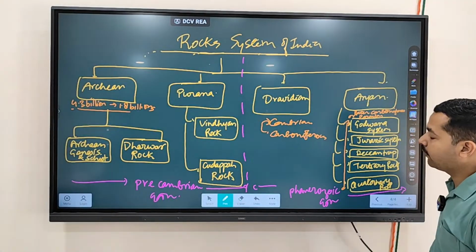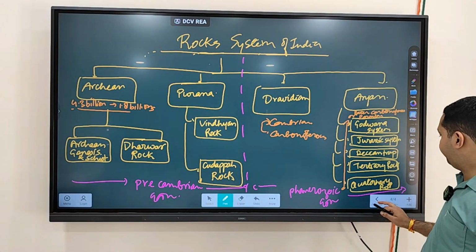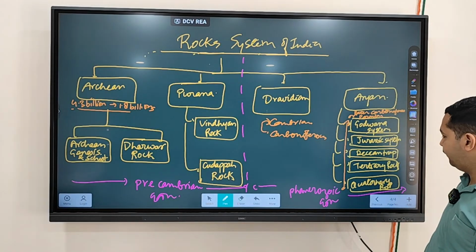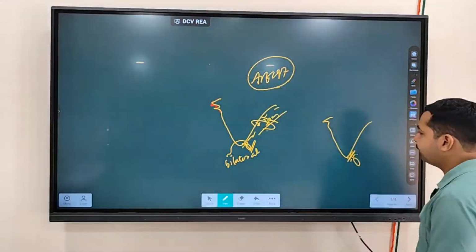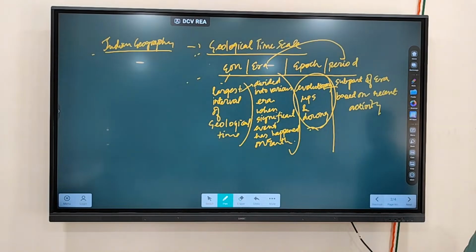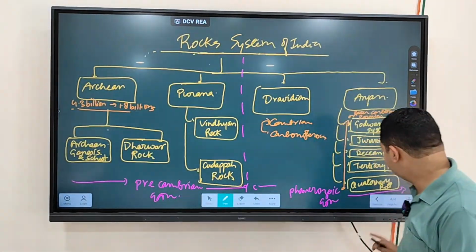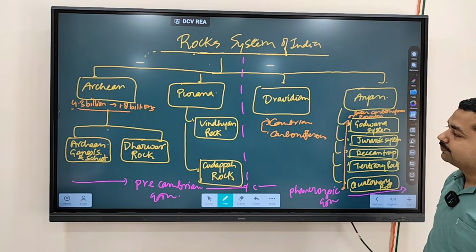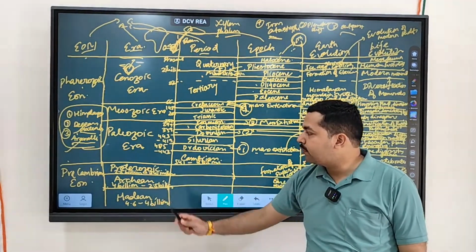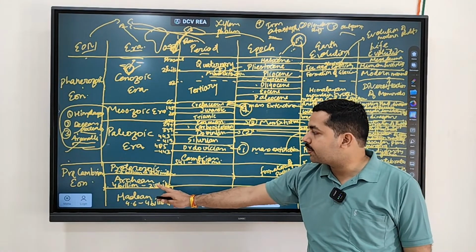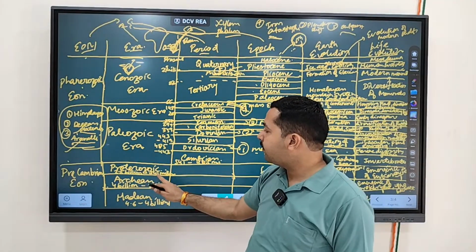If you go through this one, from 4.6 billion to 2.5 billion years, you are finding Archean rocks being formed, and from 2.5 billion to 541 million.